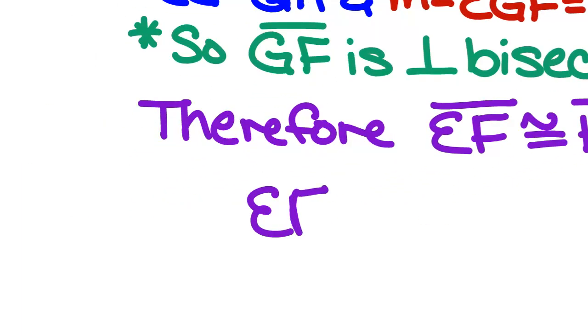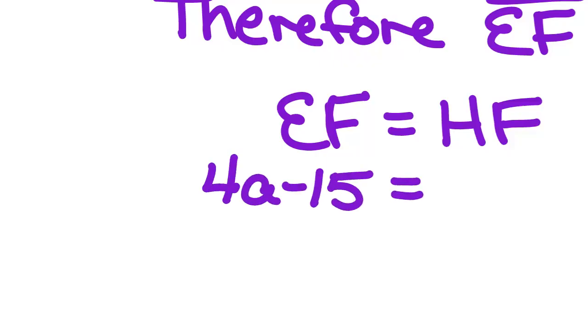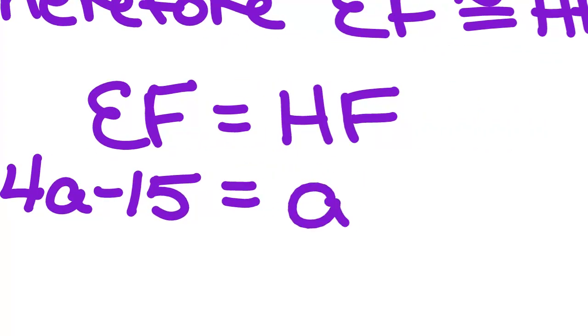So that means the length of EF equals the length of HF. How big is segment EF? 4A minus 15. And what about HF? A plus 12.